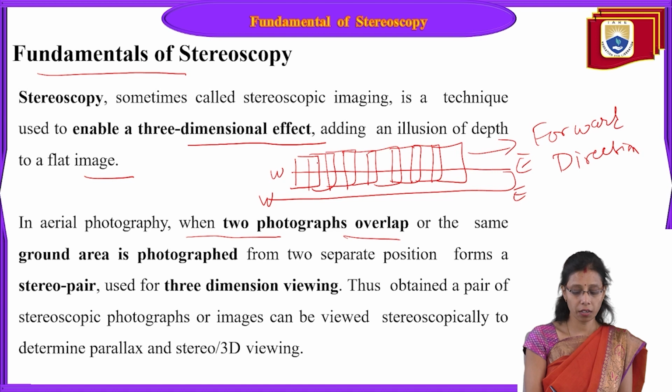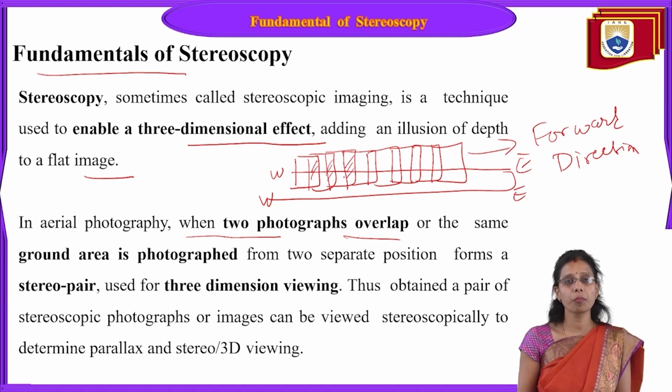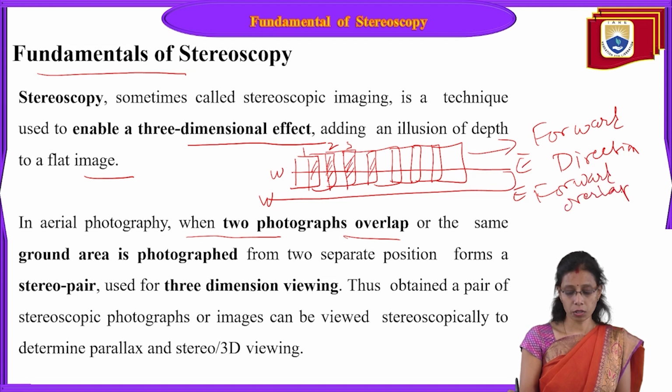What happens here is we have some overlapping area. Overlapping is nothing but a common area in photo number 1 and photo number 2. Photo number 2 and photo number 3 also have a common area. This is called overlap, and this is always known as forward overlap. This forward overlap we are usually able to receive in this kind of flight line direction, when it goes from west to east or east to west.